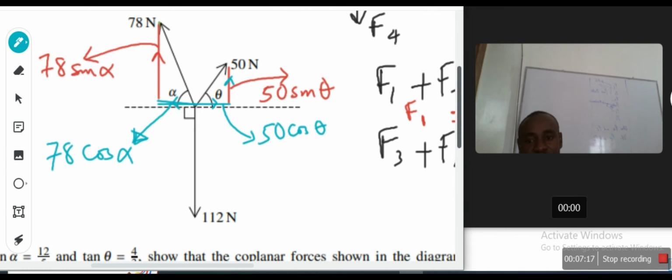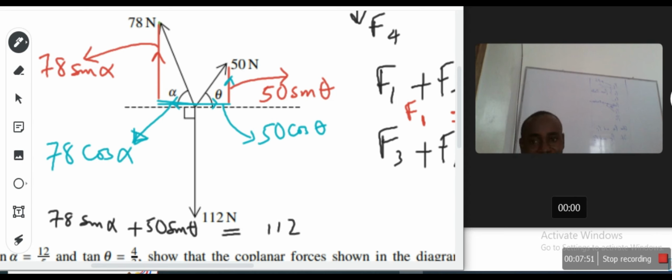Let's get all the vertical forces. For it to be in equilibrium, the vertical forces must balance, isn't it? So what are the vertical ones? 78 sine alpha is upward, 50 sine theta is upward, right? So we can write 78 sine alpha plus 50 sine theta must be equal to 112, am I right?